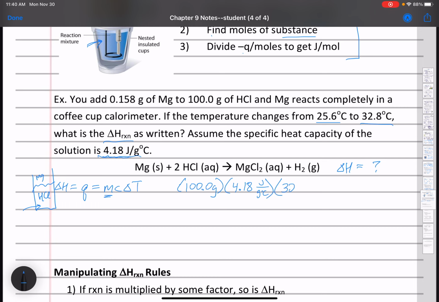Our final temperature is 32.8, minus the initial temperature, 25.6 degrees Celsius.